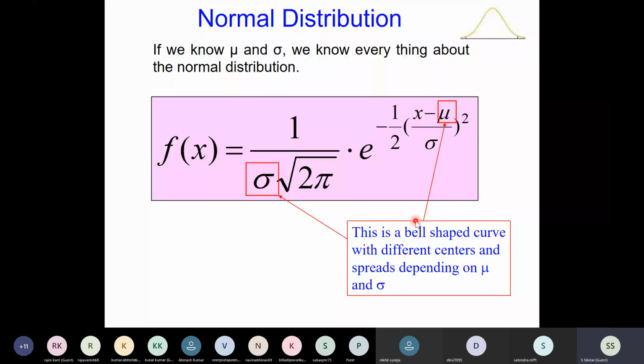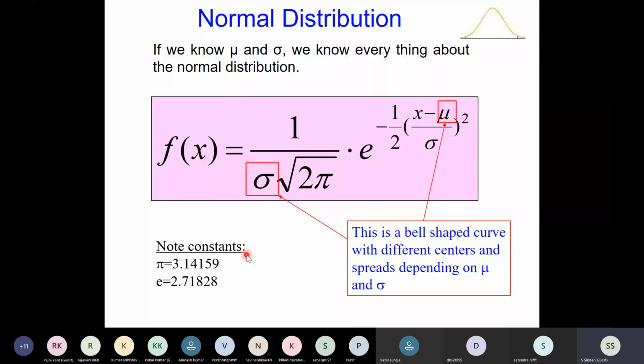If you change the values of mu and sigma, you still get a bell-shaped curve, only the center position and the spread will be different, but all of them look alike. And here the pi value is 3.14159, and e, as you know, is 2.718.